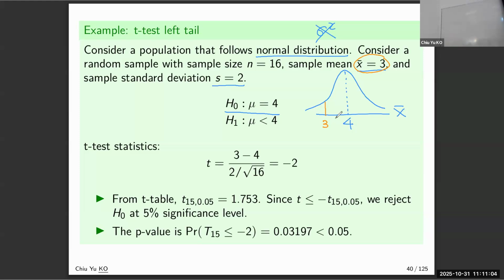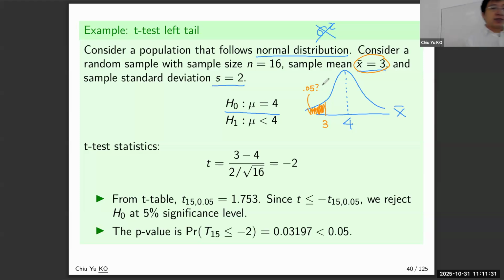So we want to know if 3 is smaller than 4 enough to say we want to support x1. And the idea is we want to say if this area is less than 5% or not. If less than 5%, it's small enough.